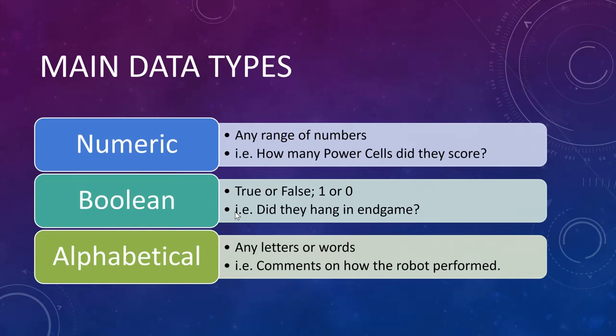And in your scouting data, you'll put either a true or a false, or a 1 or a 0 to signify if they hung or not in endgame. And then there's alphabetical data, which is any combination of letters or words that is not numeric. And this includes comments on how the robot performed that you might put at the end of your scouting sheets. So let's head over to Excel and we're going to get started.